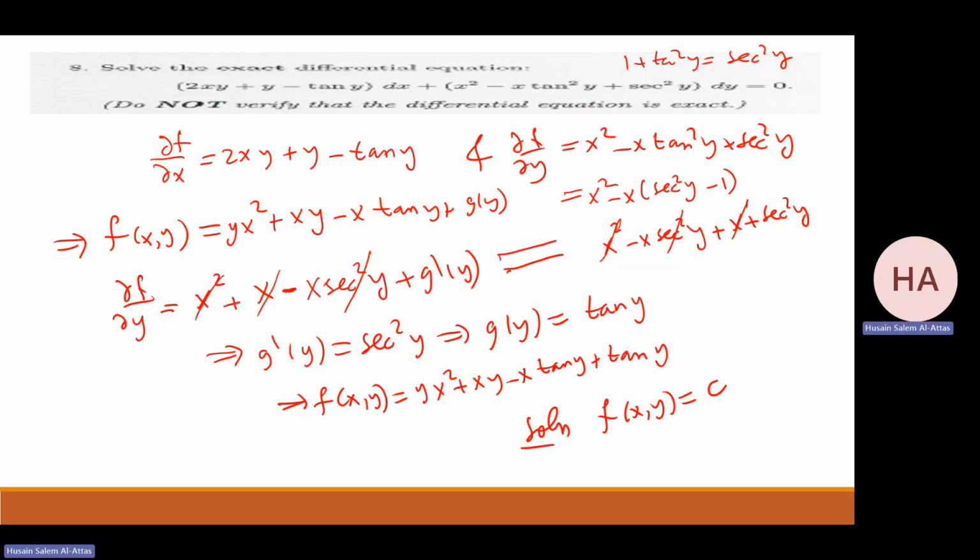Double check the answer. Yeah, that's correct. Okay, verify it's exact and then check.